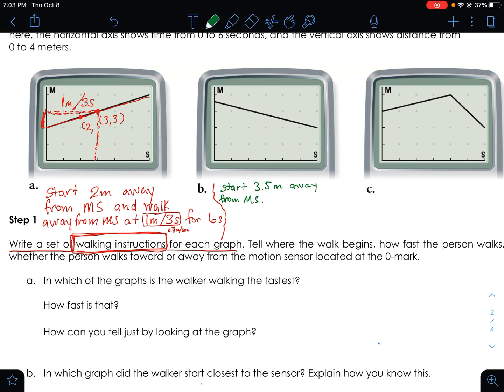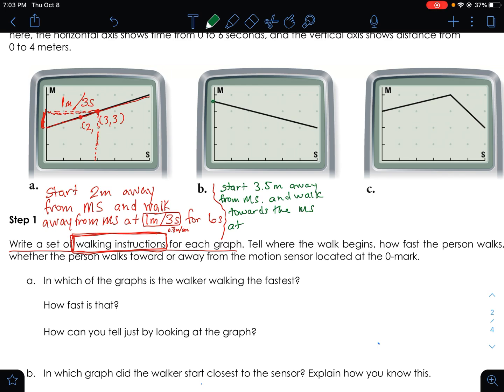Since this is decreasing, our distance from the motion sensor is decreasing. Therefore, we're walking towards the motion sensor. So start 3.5 meters away from the motion sensor and walk towards the motion sensor. Now we need our speed.